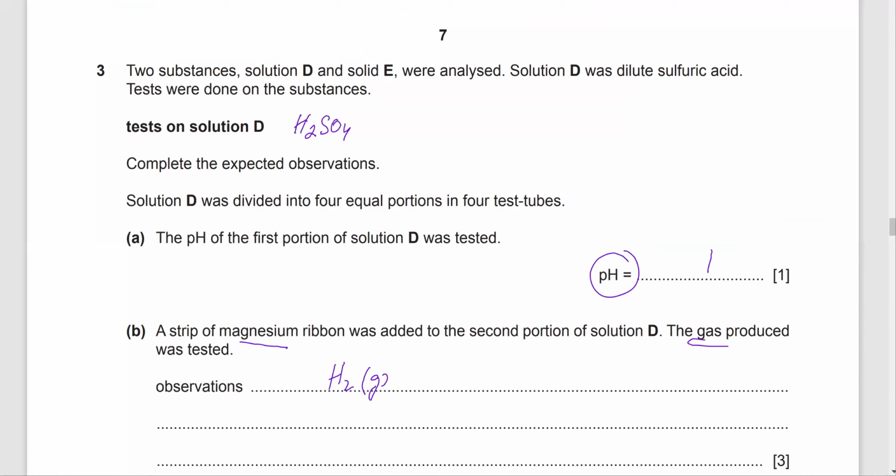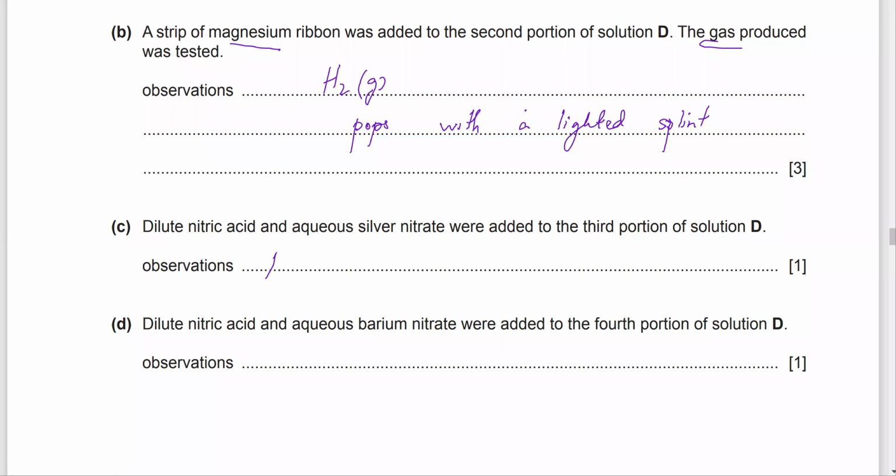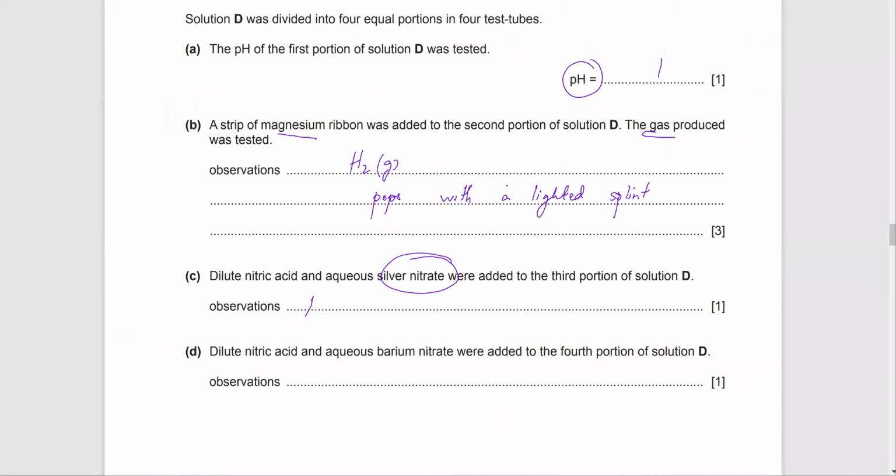So it's going to pop with a lighted splint. Next is silver nitrate was added to D. It would give us 3 marks: for saying pops with the lighted splint, and 1 mark for effervescence.